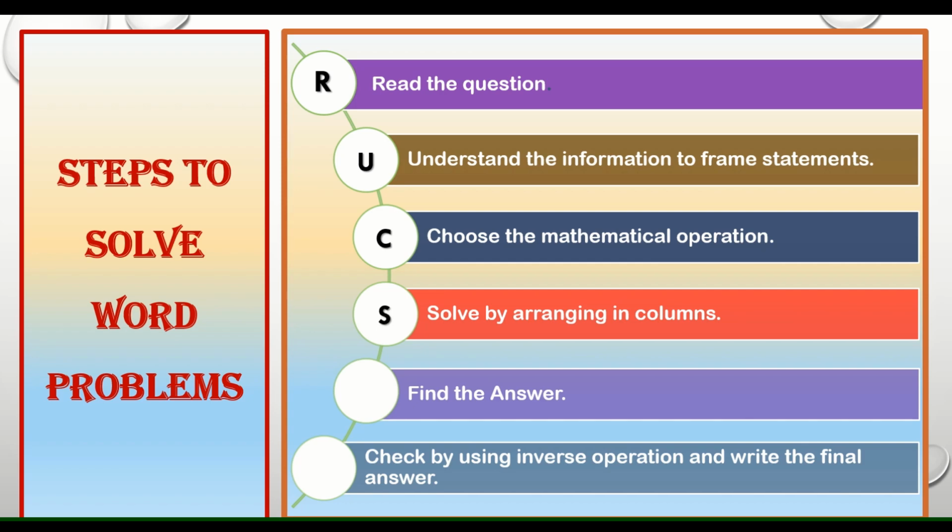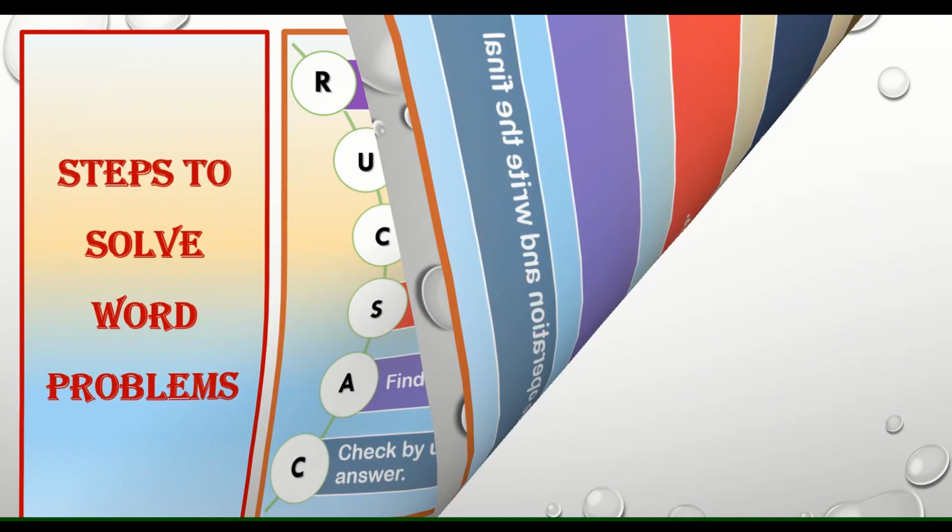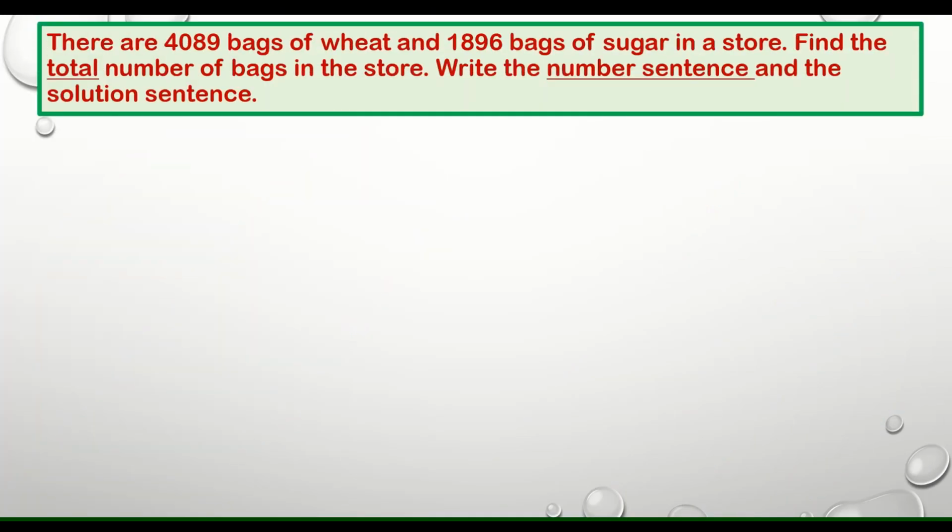So S to solve. A stands for finding the answer and C stands for checking the answer. So it's simple now. Learn these letters in order: RUCSAC. Then we will be able to solve the word problem very easily if we go step by step.